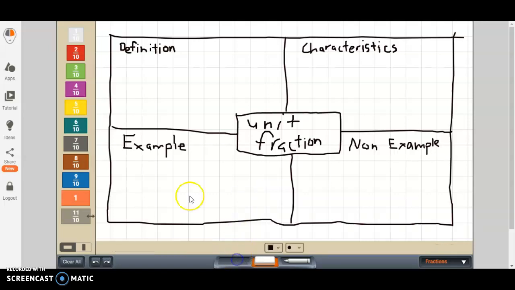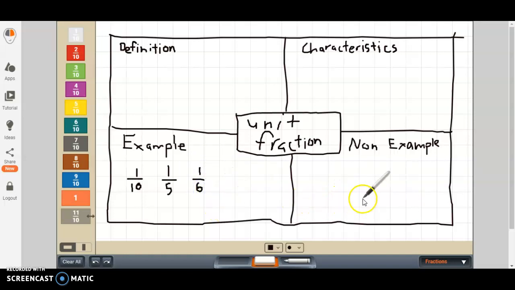Well, I can even see that I have 1/10 over here. So 10 pieces make a whole, and just one of them would be 1/10. Or let's think about our fractions that we were using before. We were using 1/5 and 1/6.